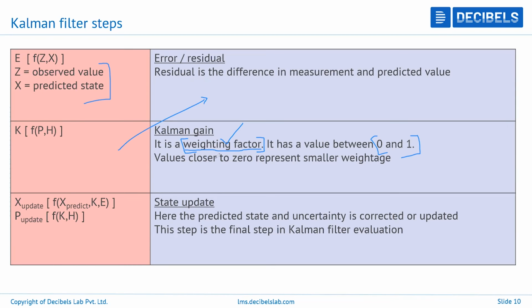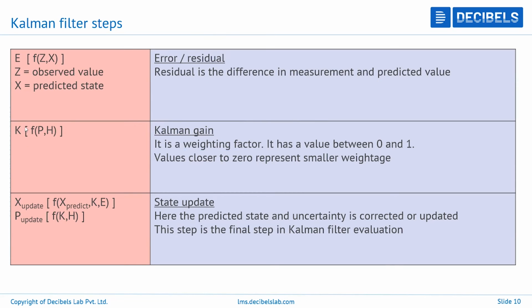If you want to give more weightage to the measured value, then you can have a higher Kalman gain. Otherwise you can go for a lower Kalman gain, in which the weightage is given to the predicted value. That is how the Kalman gain works. It is just a weighting factor.